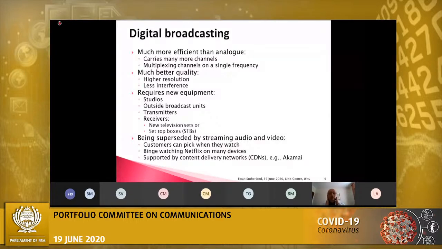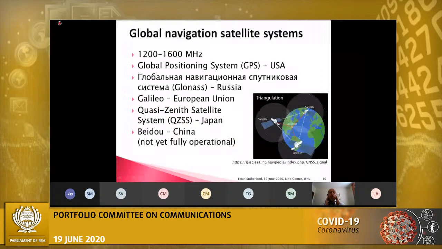Another block of frequencies is used by global navigation satellite systems. There's a bunch of these now run by different world powers in the 1200 to 1600 megahertz band, and those we kind of accept.